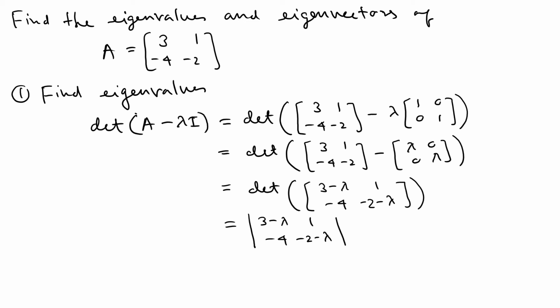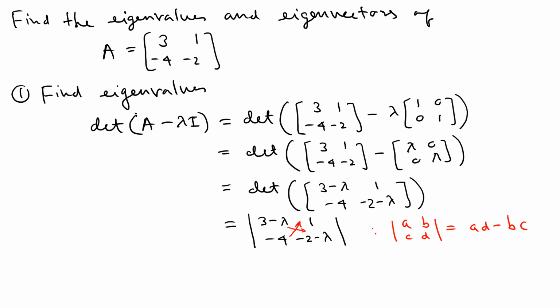This is a 2 by 2 matrix, and we know that for a 2 by 2 matrix with entries A, B, C, D, the determinant is simply AD minus BC. We multiply the main diagonal first, and then subtract the opposite diagonal.